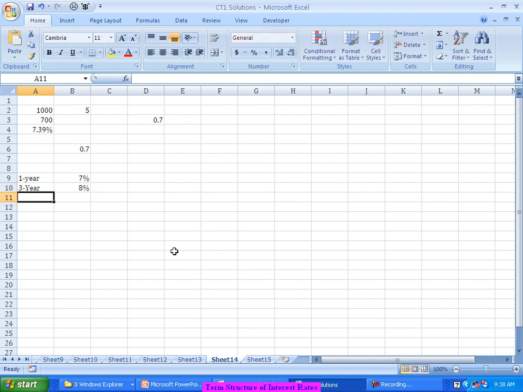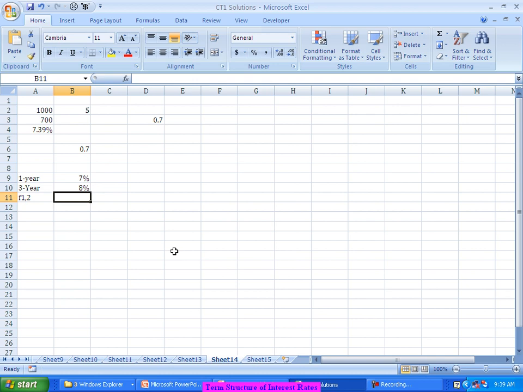In simple terms, if I deposit my money for 1 year, I'm going to get a 7% return on it, whereas a 3-year deposit is going to give me 8% annually for a 3-year period. So from here, someone has asked me to find out what is F1 comma 2, which means the 2-year forward rate 1 year from now.